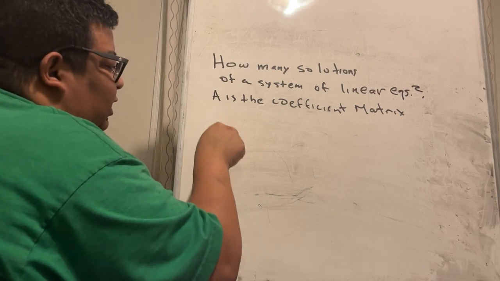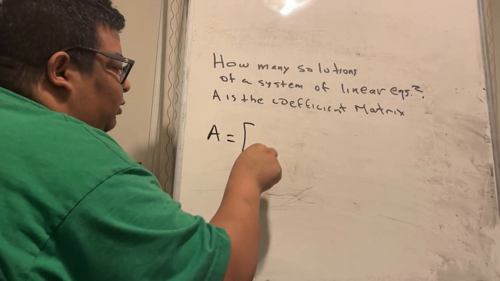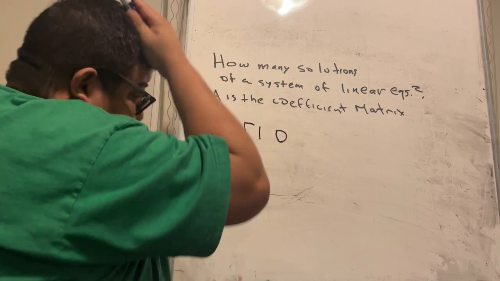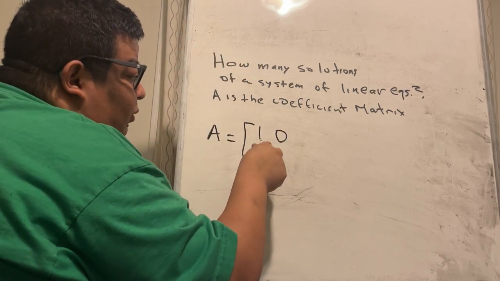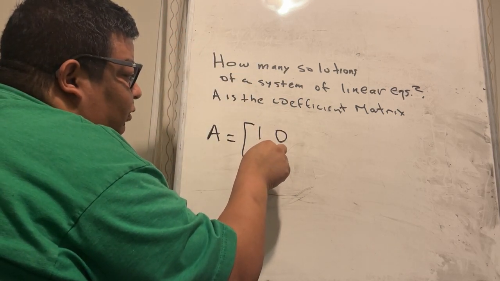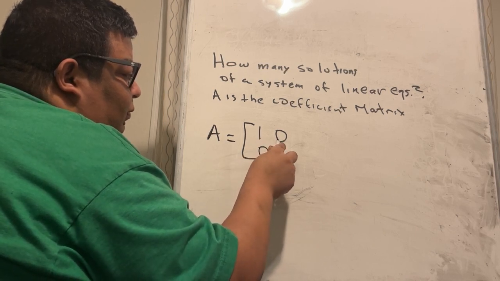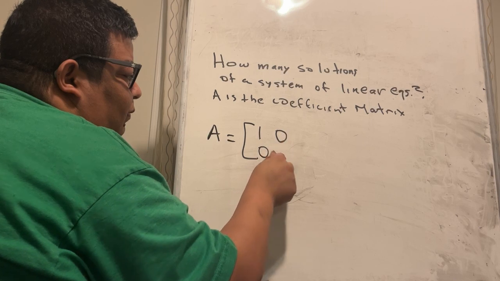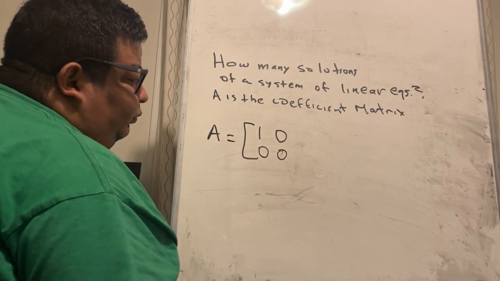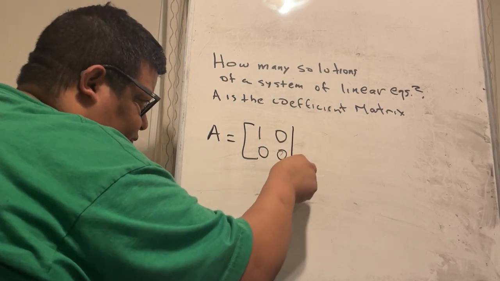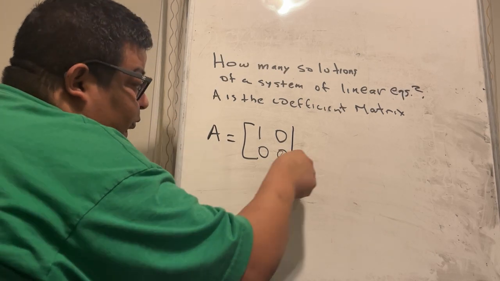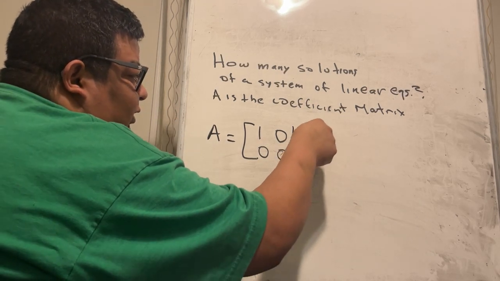And of course the last one. Okay, let's say A is equal to 1, 0, and then we have 0, 0, and then 0, and this is 3.